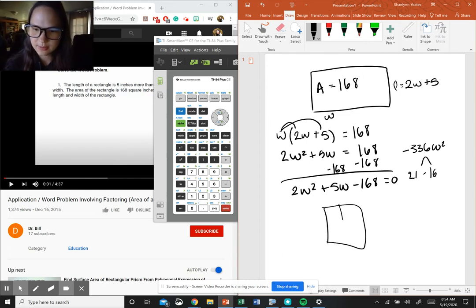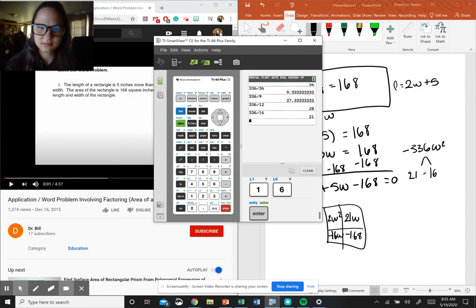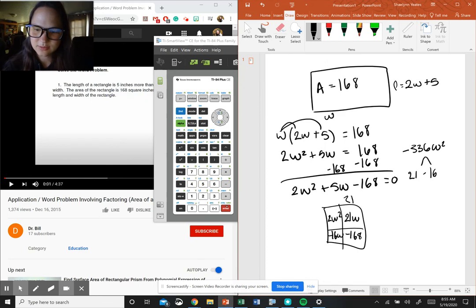So then this is what my box looks like so far. I've got 2w squared. Then I've got a 21w, a negative 16w, and then a negative 168. So let's do 168 divided by 21. Hey, that's nice.